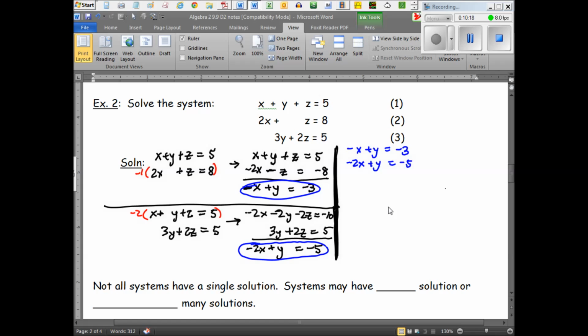Can multiply the first equation or the second equation by negative 1. Let's do the second equation. And our system is negative x plus y equals negative 3, 2x minus y equals positive 5.